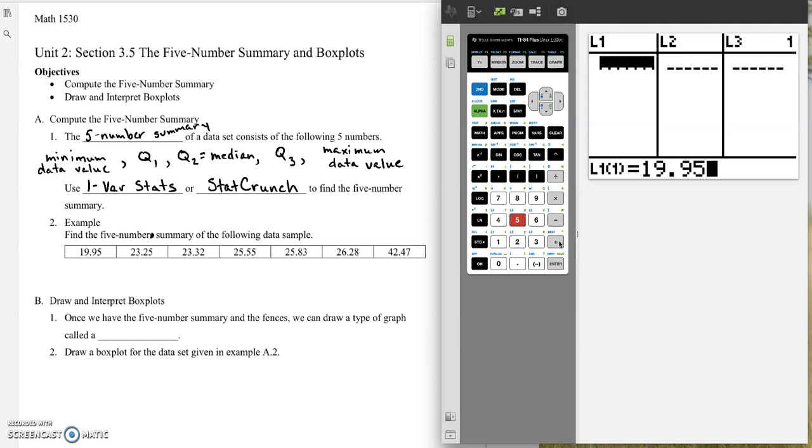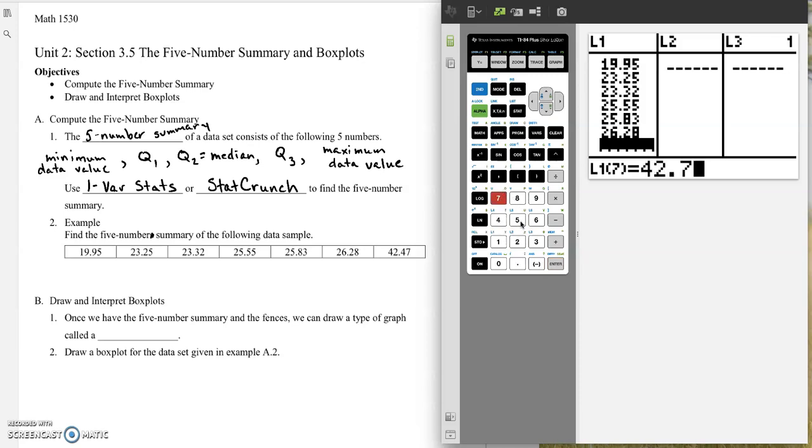19.95, 23.25, 23.32, 25.55, 25.83, 26.28, and 42.